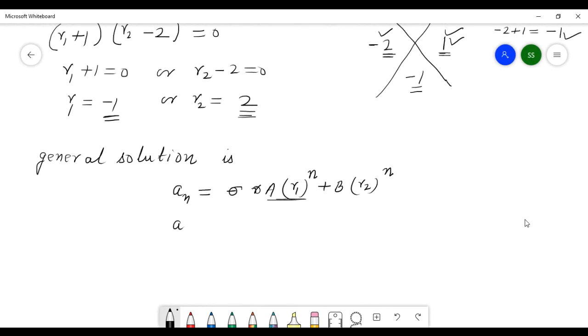Then you will write all the time, if different real numbers, you will write the general solution this way. Okay. And this a_n is equal to A here, and here -1 power n, and plus B here, and here 2 power n. This is the general solution. This is equation number 3.